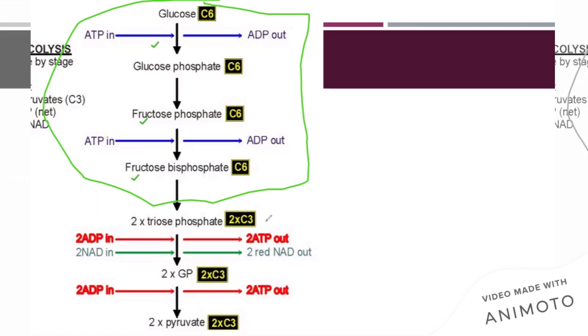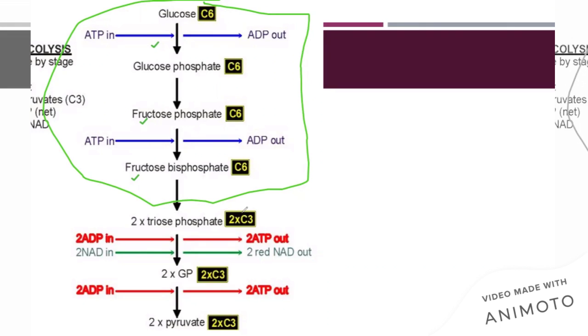Now, having harvested those 2 ATP and those 2 reduced NAD, what is left is what we call the 2 intermediates or 2 glycerate phosphate. But what happened here is that they still have some amount of energy that can be removed from them before they reach pyruvic acid.